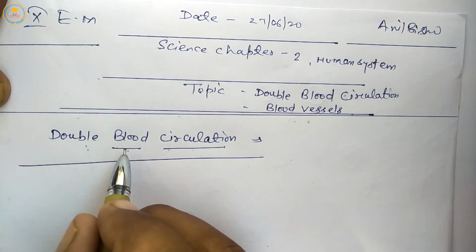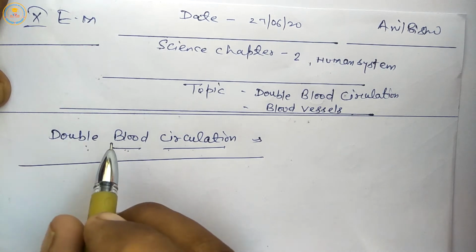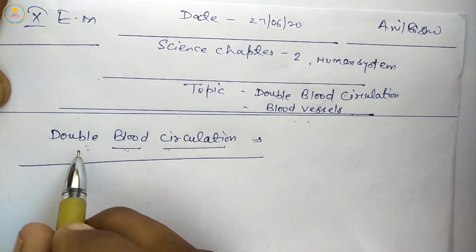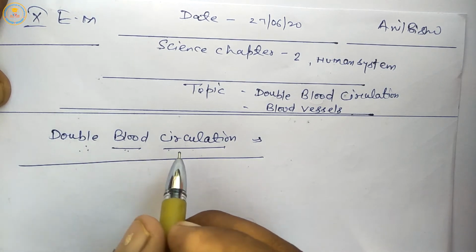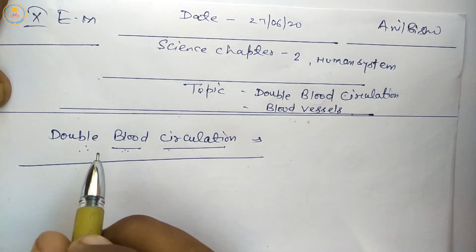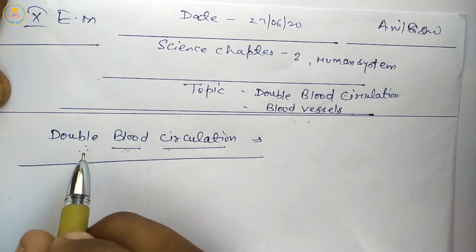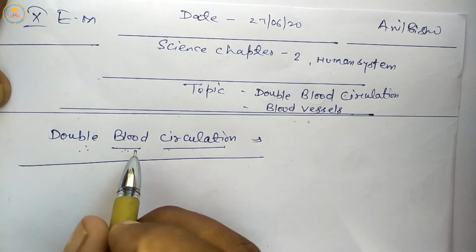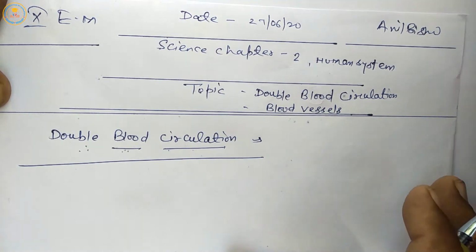It means when the blood enters the heart both times, or twice, this circulation is called double blood circulation.